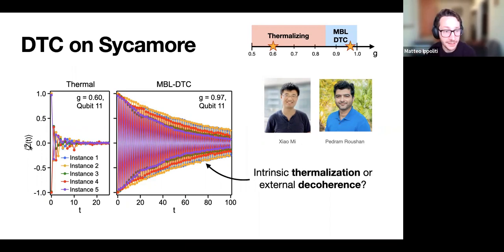And we can see that the expectation of sigma Z is in fact quickly decaying from plus or minus 1, which is the initial state, the computational basis, to something very close to 0. And this is happening across different disorder instances of the model. Conversely, if we set our value of G to be close to 1, we can see that these oscillations persist for a long time. However, they are damped with some exponential envelope in all of these instances, as you can see.